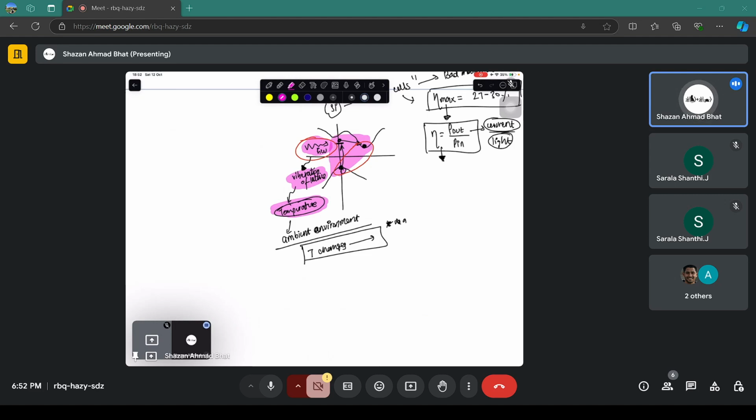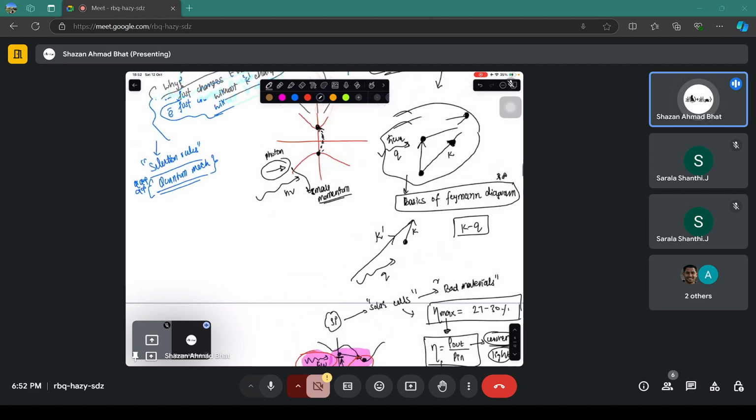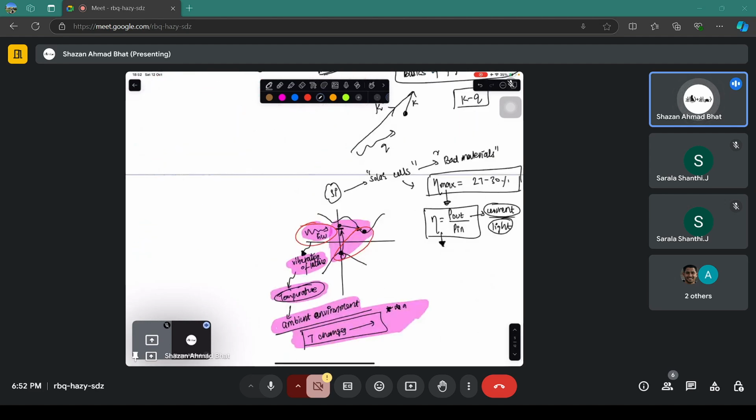Lattice vibrations totally cease to exist, and you won't see these transitions happen at all. So the ambient environment has a very significant effect on these devices, because they depend upon such processes which are mediated by the temperature. Okay, this is about it.